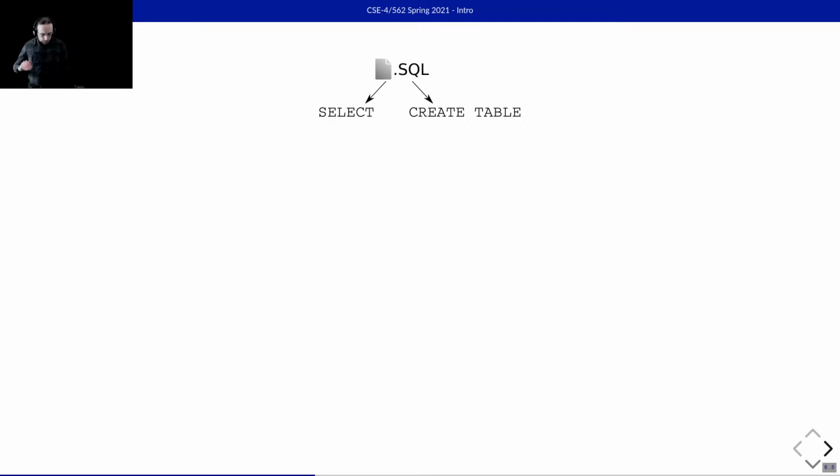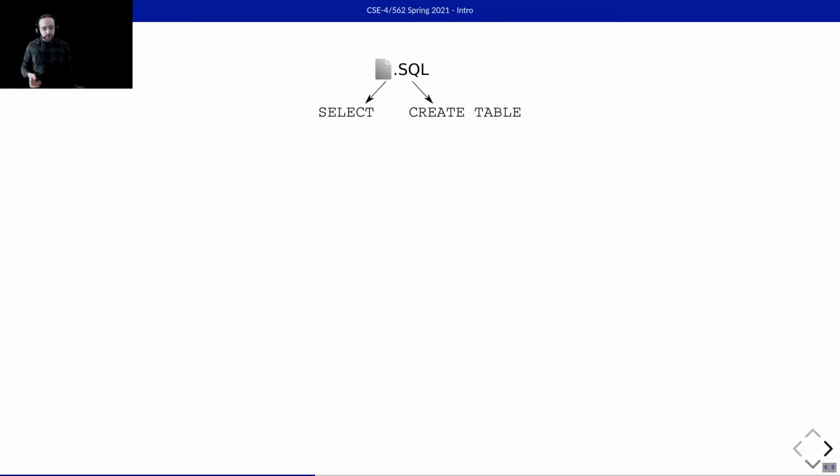Now, one thing that is a little bit confusing here, and I want to emphasize this point, I'll probably end up emphasizing it again, is that the create table statements are not actually intended to create tables. They are there to give you a schema.